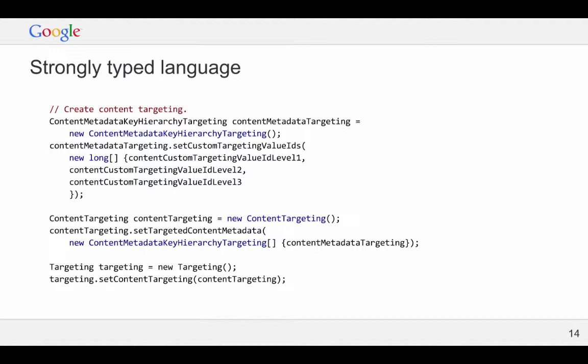We set the targeted value IDs. And you can see on the overarching content targeting, that's where we set the targeted content metadata, which is the object we just created. And then that rolls up onto the top level targeting object, and we set it there as well. So same thing as the big dictionary that Nick was showing you, but just a little more verbose and explicit in the strongly typed languages.